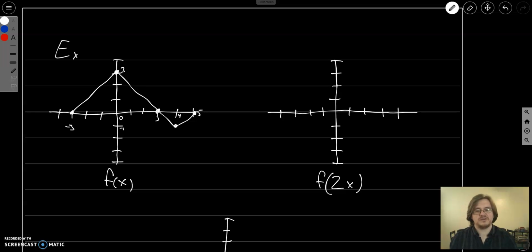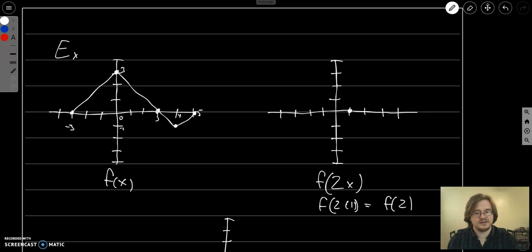So if we multiply the x coordinate by 2, what will end up happening? So if I plug in, let's say 1 into this here, this is going to be the same thing as f of 2.